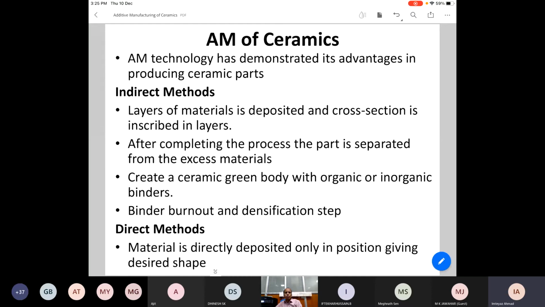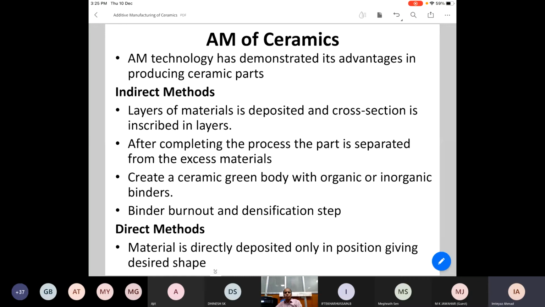That's one way. Another way is you complete the separate parts and then you assemble it, or you create a green body, which is applicable to ceramics only, or most of the cases it's applicable to ceramics.